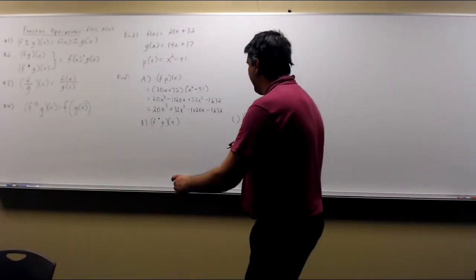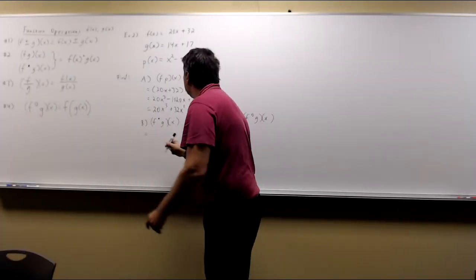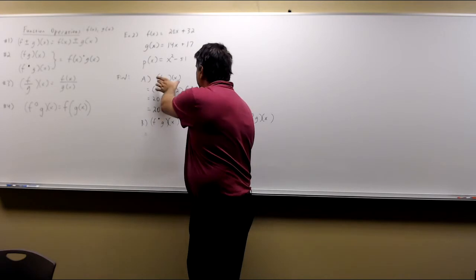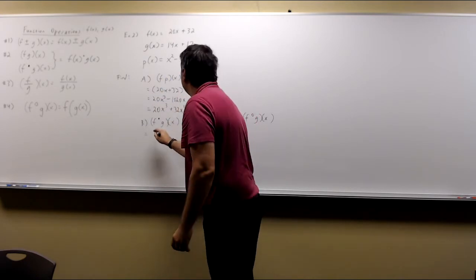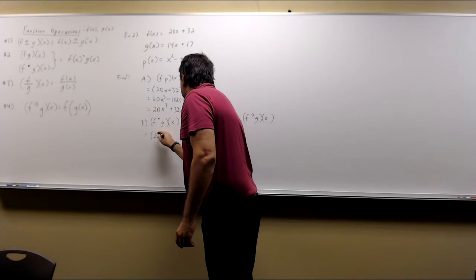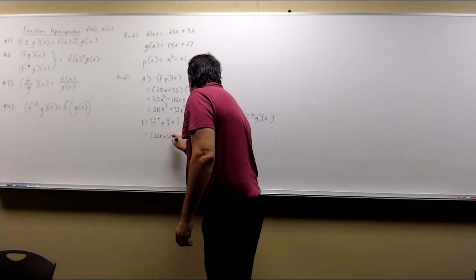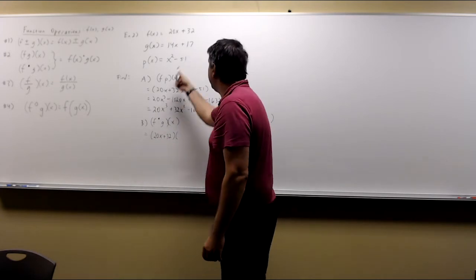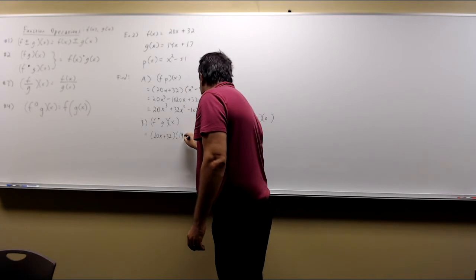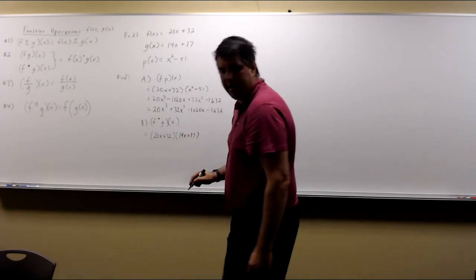F times g of x, well, it's a times dot. So it's the same thing we did here. It's going to be 20x plus 32 times g, which is 14x plus 17. All right.